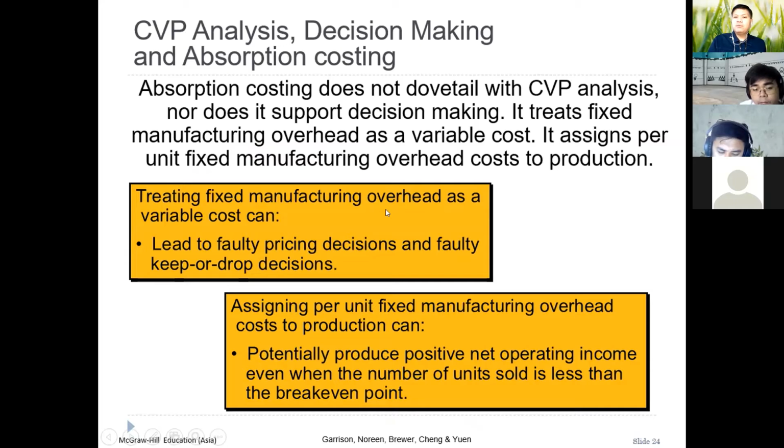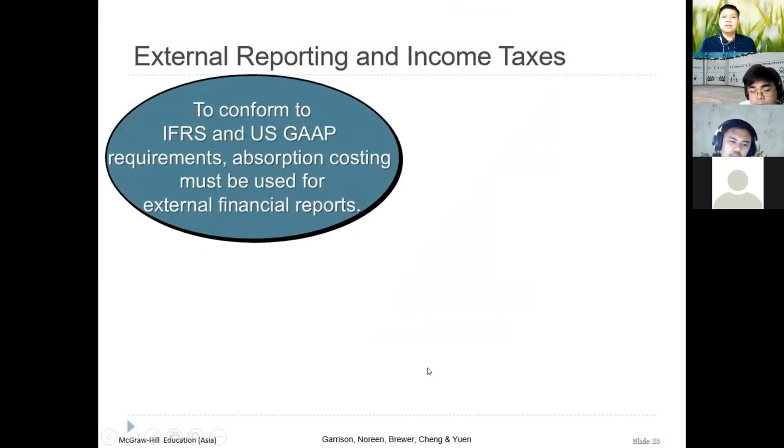Now, treating fixed manufacturing overhead as a variable cost can lead to faulty pricing decisions and faulty keep or drop decisions. Assigning per unit fixed manufacturing overhead cost to production can potentially produce positive net operating income even when the number of units sold is less than the break-even point. Okay, so these are some of our arguments again.